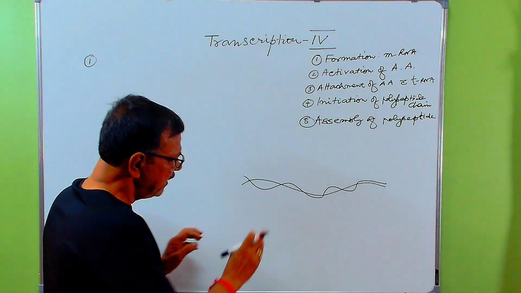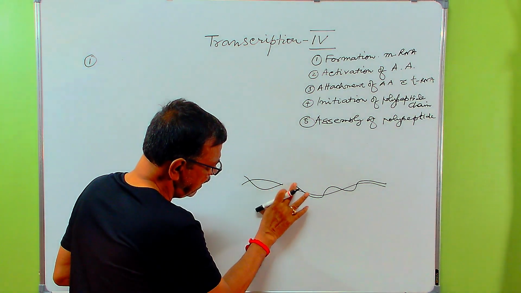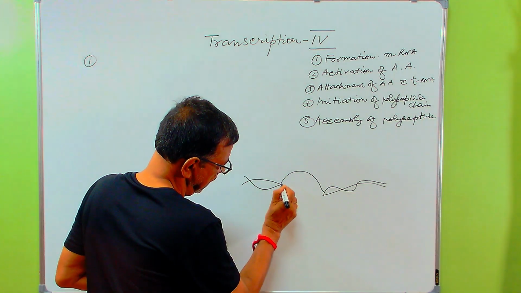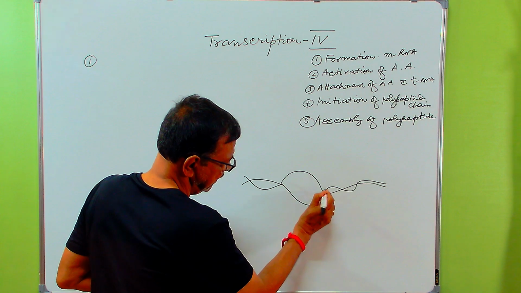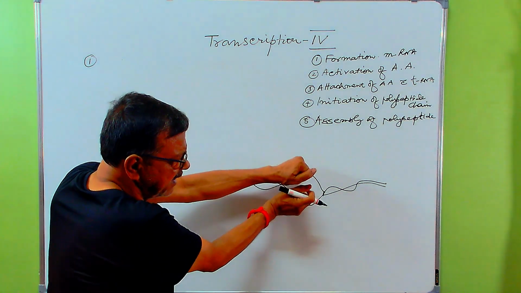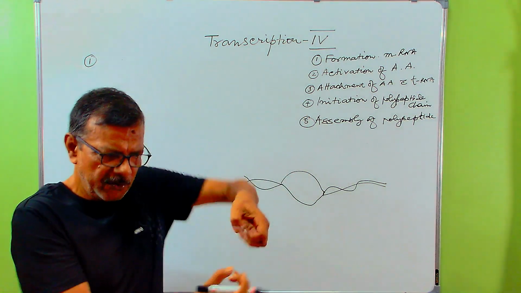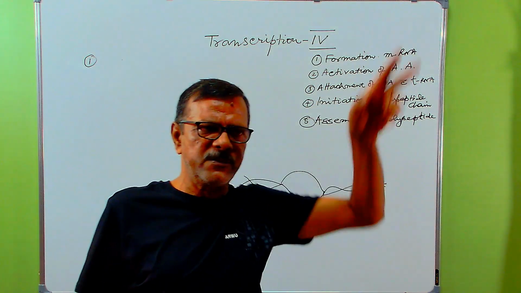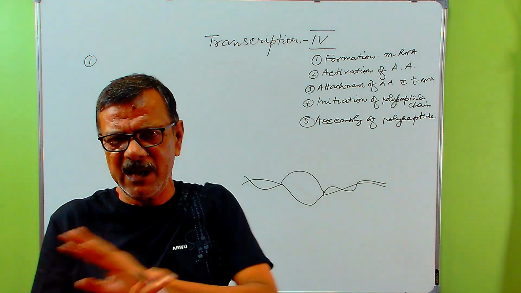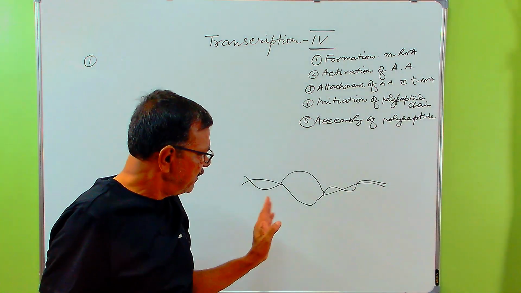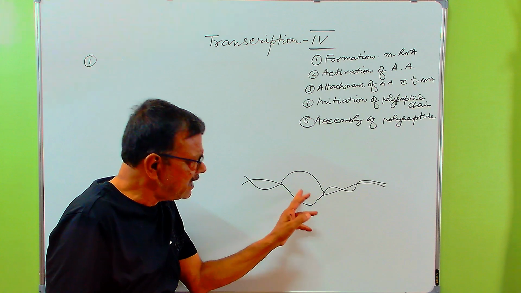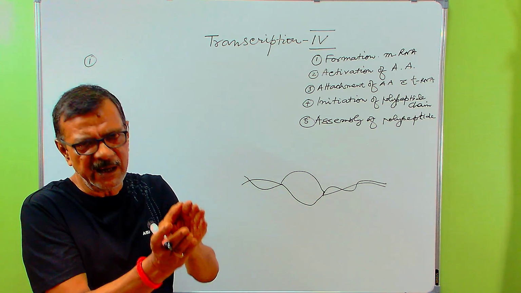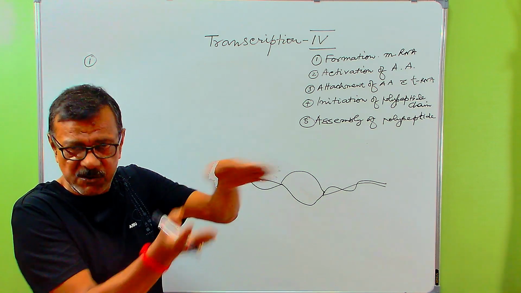So there is an unwinding of this. Clear? It gets wide. Not as in the case of DNA replication, where we said there is the helicase enzyme. There is a localized unwinding of the DNA strand.